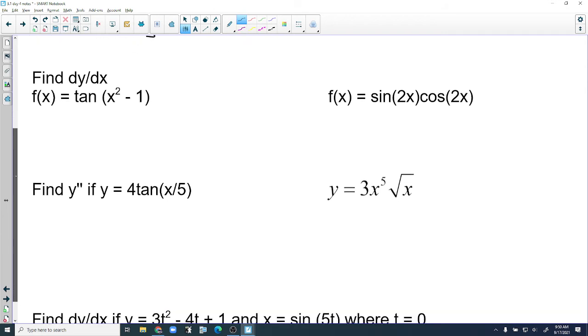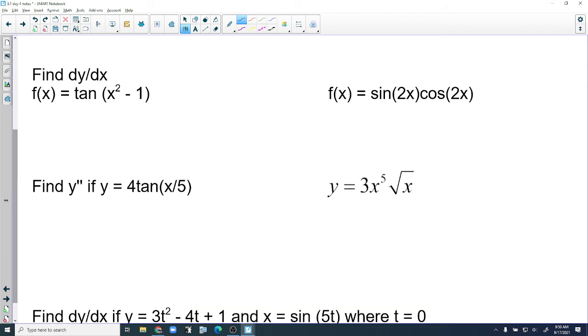Should we practice the gateway? Try the first one. Well, I guess there is a new problem down at the bottom. I should probably switch the order of that.